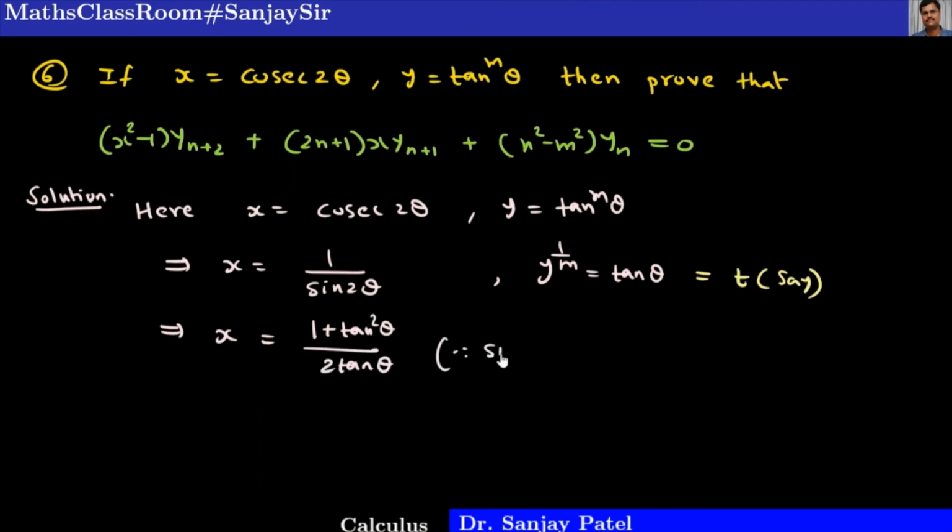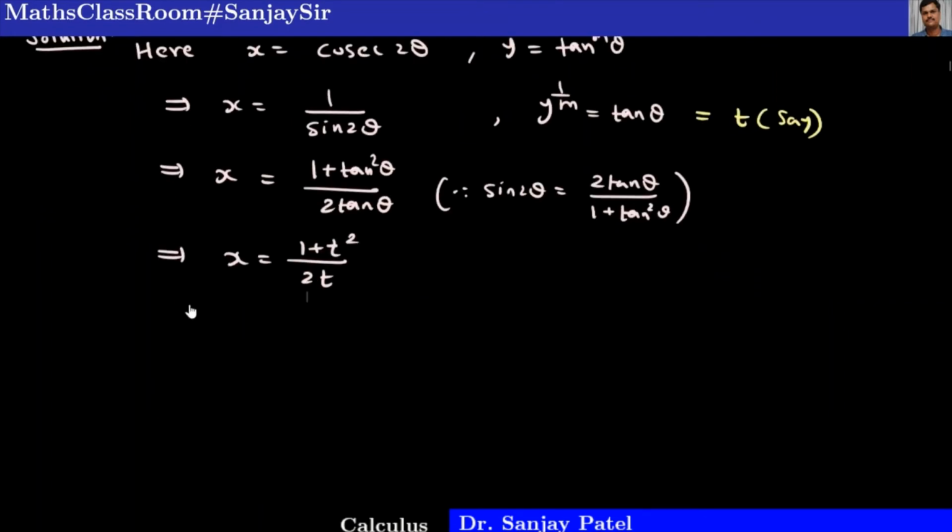Now we can substitute the value of tan theta, that is t, and t is y raised to 1 upon m. So we get x is equal to 1 plus t square upon 2 into t.